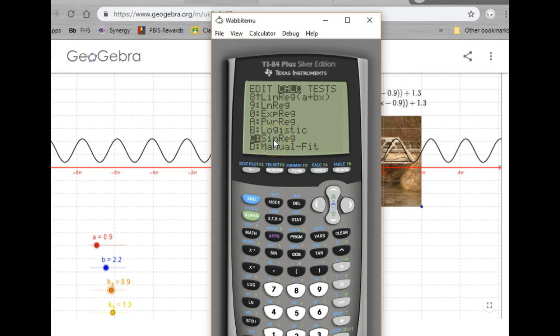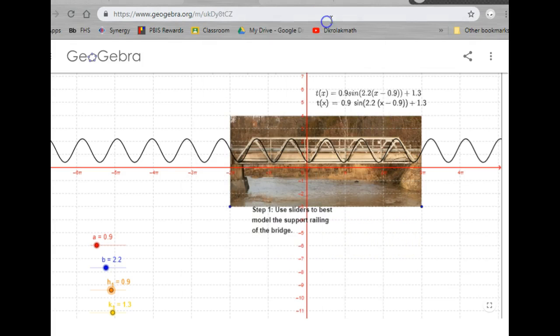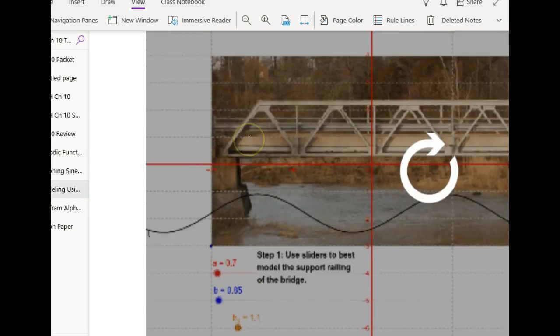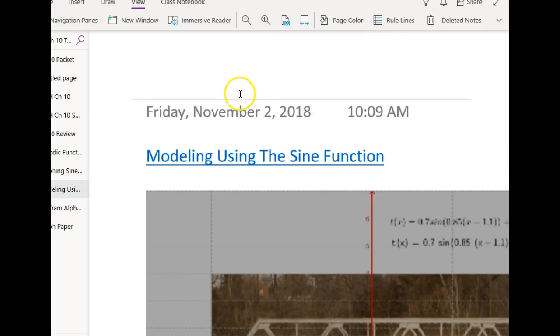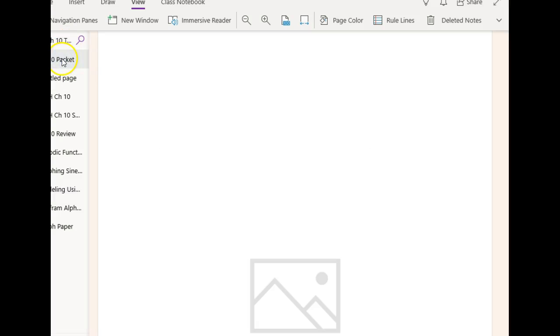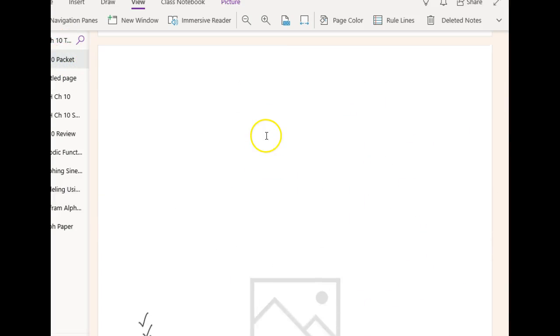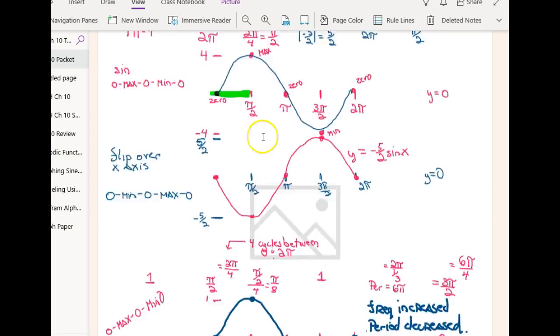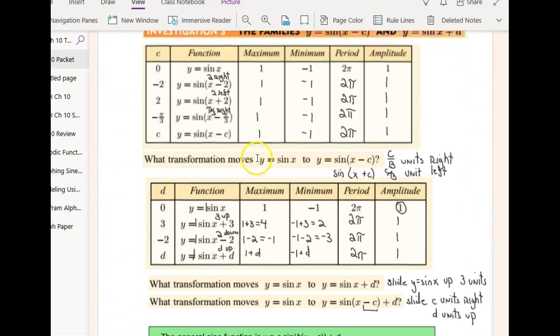So you could plot your data, choose this function, and it'll create a sine function that fits your data as close as possible. Okay, so that's the gist of what we're doing with sine, which is one of the reasons why you learn mathematics, is to be able to create equations to make predictions or to model a phenomena.